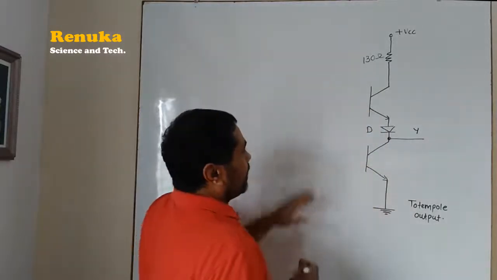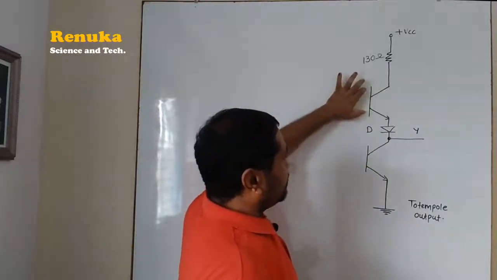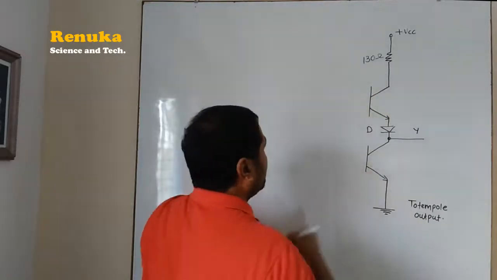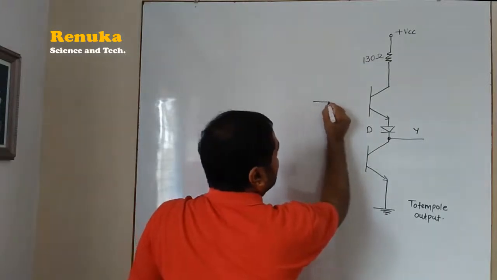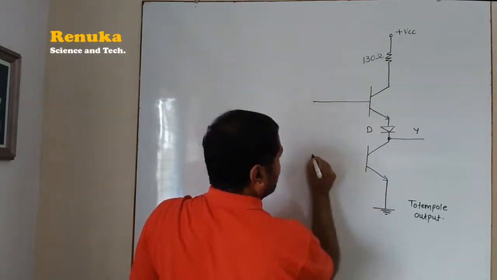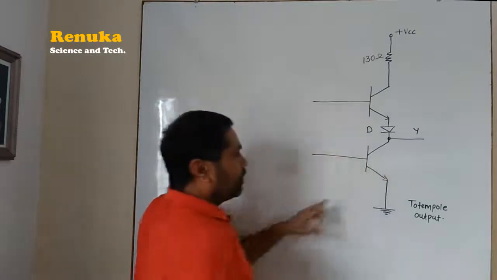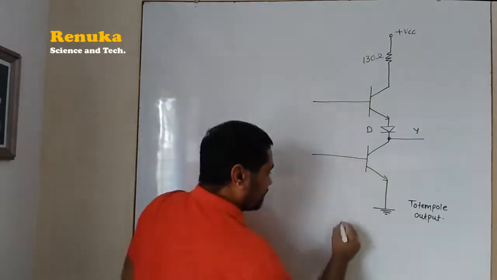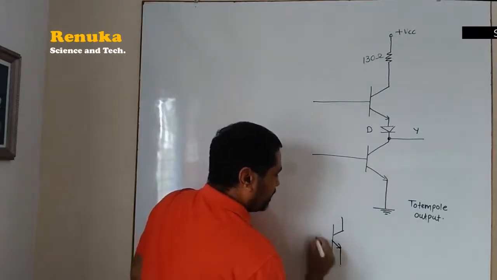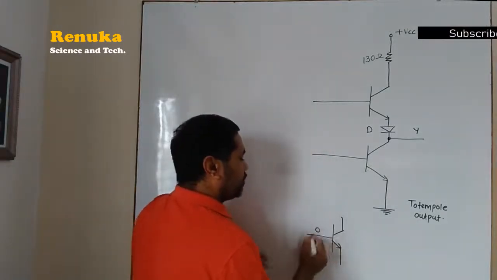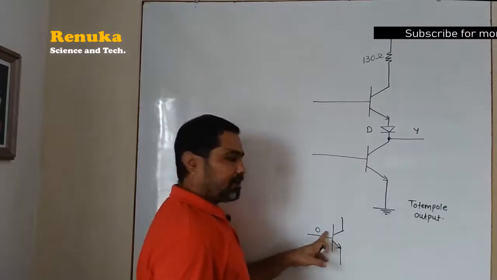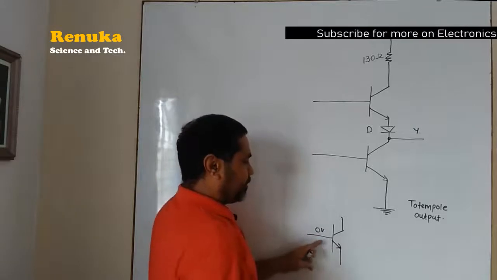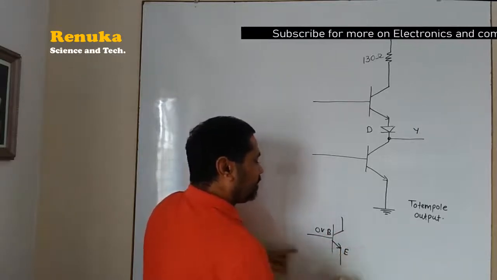Now we have to drive these transistors through the base. So the base should be connected somewhere. Here the base of this transistor is connected here, and the second transistor is like this. We know that whenever a transistor is connected in common emitter connection, if the voltage across the base of the transistor is 0 volts, then there will be no forward biasing between the base and emitter of the transistor.